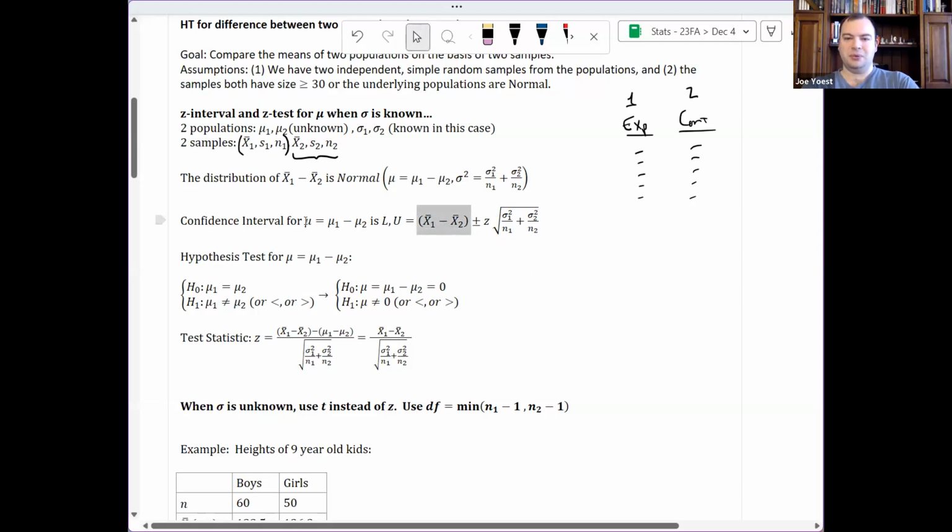Or in other words, this is the point estimate for mu, our best guess for mu, plus or minus a z number. So this would be like z alpha over 2 for a two-tailed confidence interval, times the standard error, times sigma for that random variable, which is the square root of the sum of the variances, square root of sigma 1 squared over n1 plus sigma 2 squared over n2.